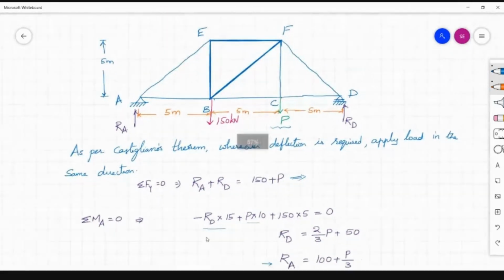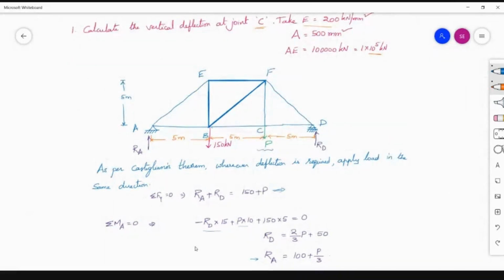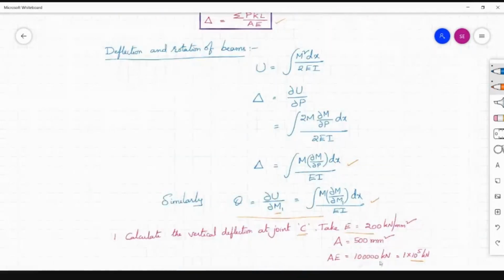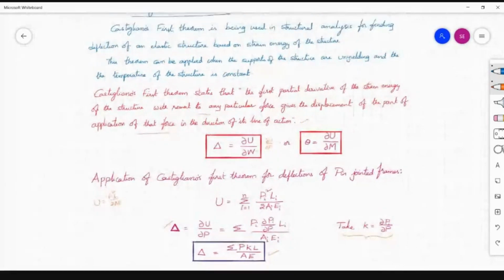Those who were not there in the previous class, please note down up to this one. I will wait a few minutes so that those who missed the last class can note down. In today's class, we are discussing Castigliano's theorem. I think some of you might not have noted the above points also.